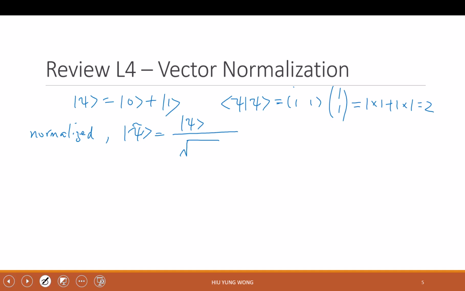So what is the length of a vector again? You just told me there is the inner product, and then we take the square root because inner product gives you the length squared. So what is the square root of psi inner product psi? We just calculated. Thank you. This is just square root of 2, right?